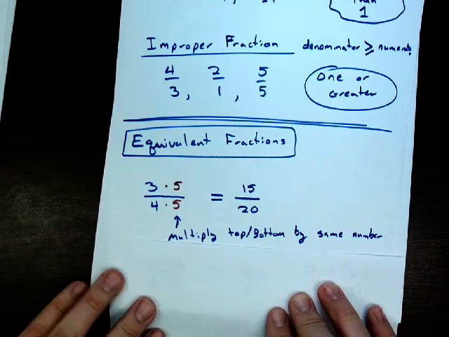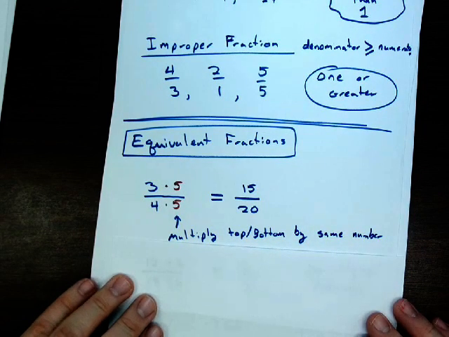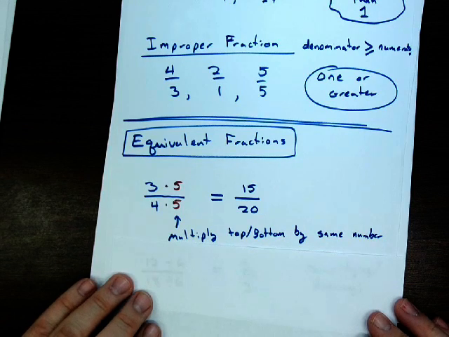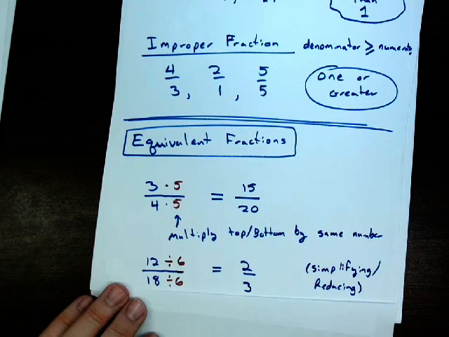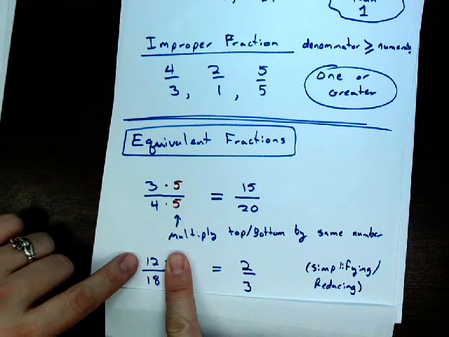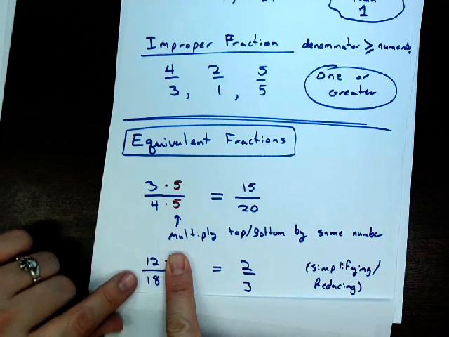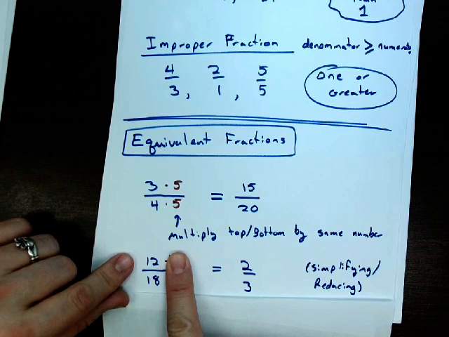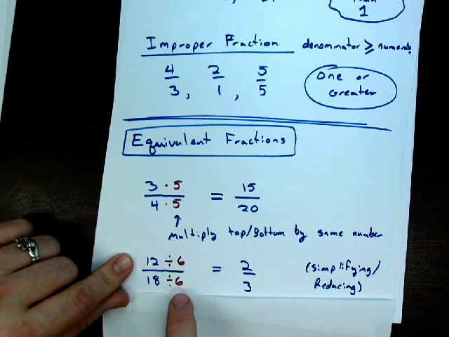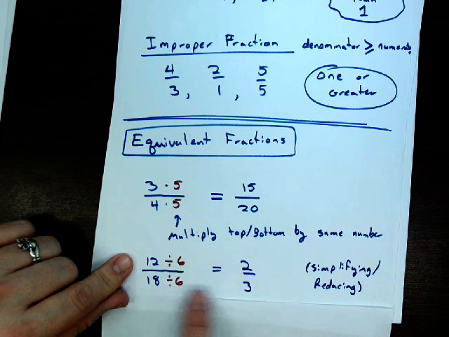Well, we can also do things like make these things smaller. So if I had something like 12/18, if we were to note that both 12 and 18 are multiples of 6, I could divide both of these numbers by 6. 12 divided by 6 would be 2. 18 divided by 6 would be 3.